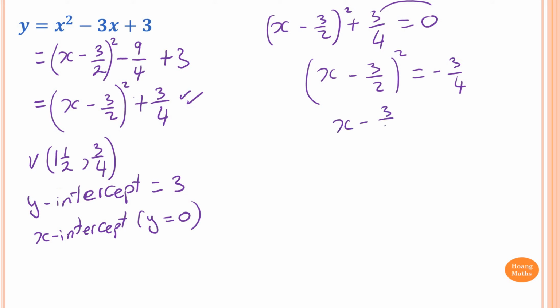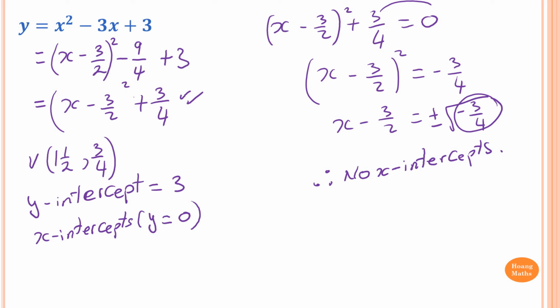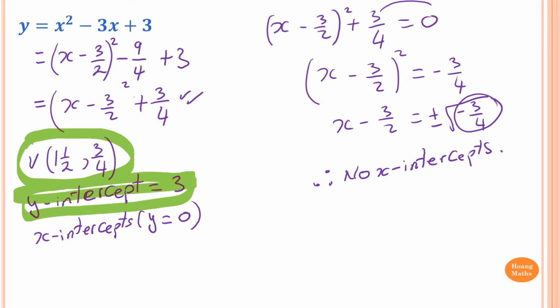So x minus 3 over 2 is equal to plus or minus the square root of negative 3 over 4. And you know that we cannot square root a negative number. So therefore, no x-intercepts. So now that we have the turning point, y-intercept, and there are no x-intercepts.